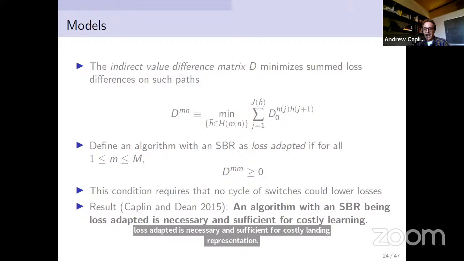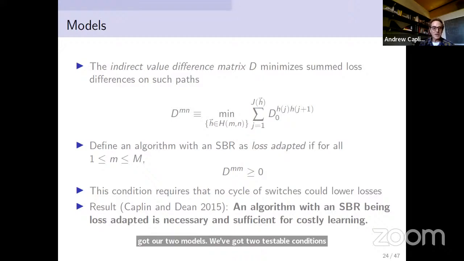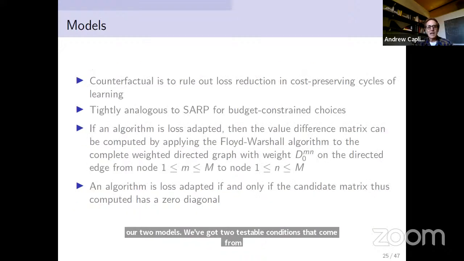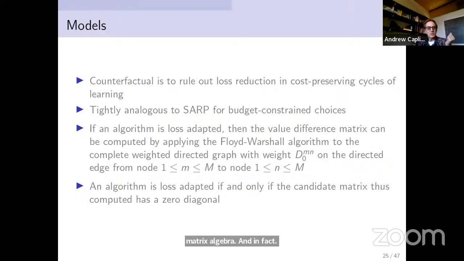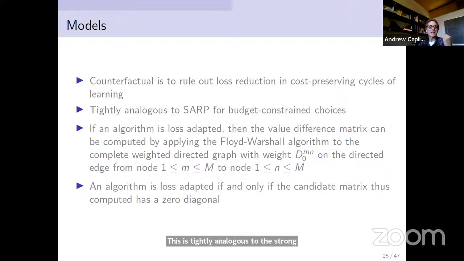So we've now got our two models. We've got two testable conditions that come from matrix algebra. And in fact, the counterfactual, of course, is to rule out loss reduction in cost-preserving cycles of learning. This is tightly analogous to the strong axiom of revealed preference. I mean, really strongly analogous.